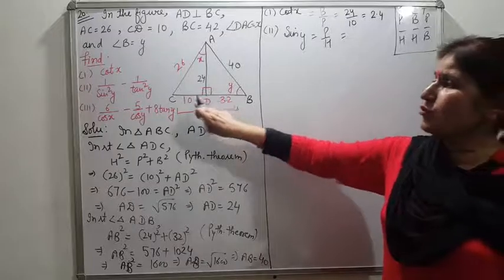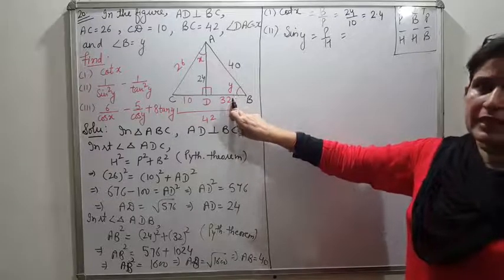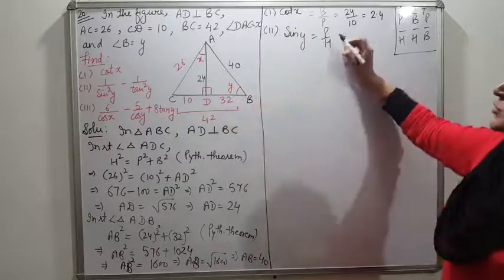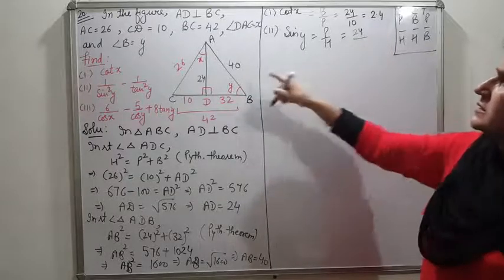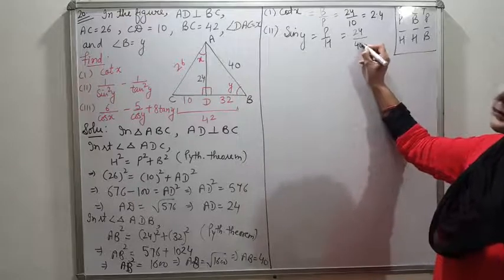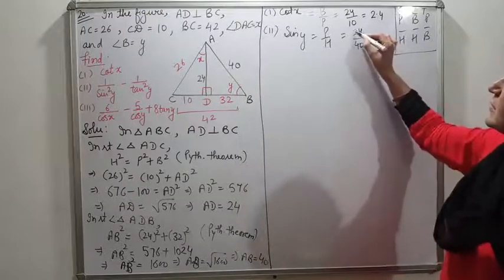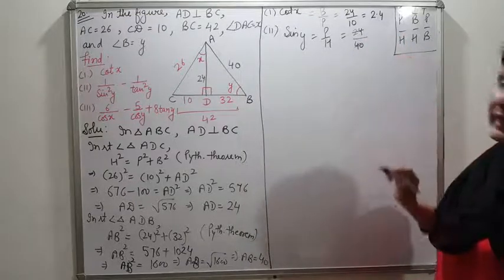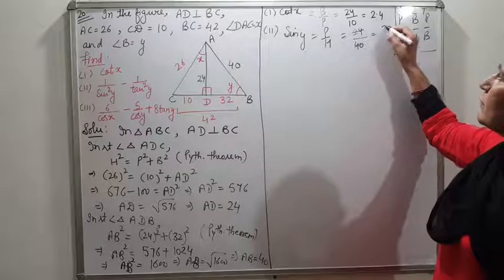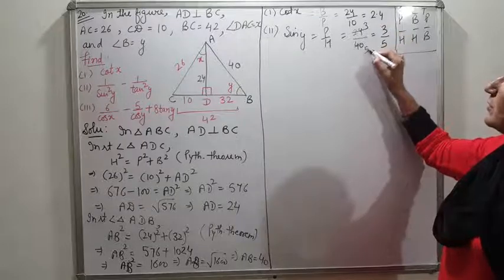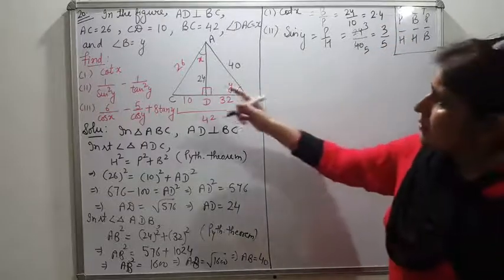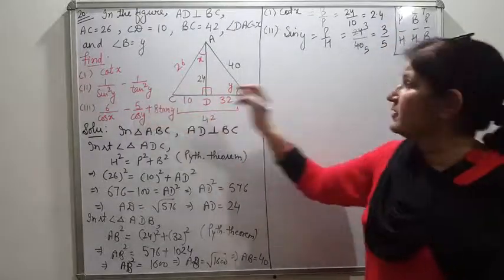So 42 minus 10 is 32. We can calculate and write here like this. So p is 24 and hypotenuse is 40. Reduce them in lowest terms. Which table will go? 8 3s are 24, 8 5s are 40. So 3 upon 5.